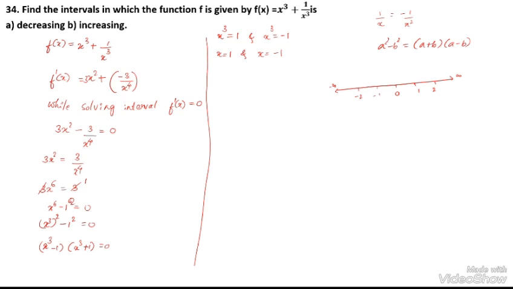The first interval is minus infinity to minus 1, then the second interval is minus 1 to 1, and the third interval is 1 to infinity.